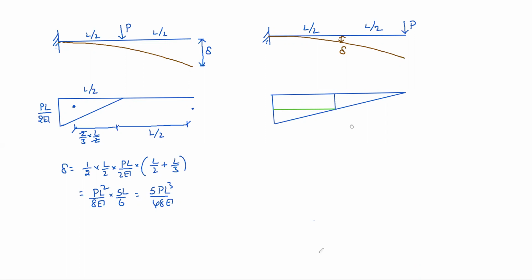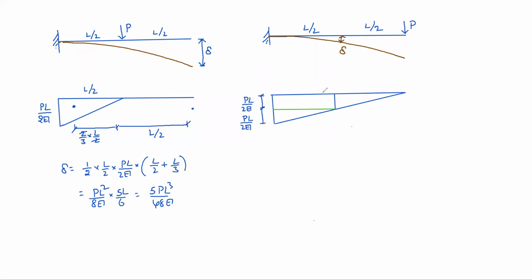Values are like this. Total here it is PL by 2EI curvature diagram. This also is PL by 2EI.